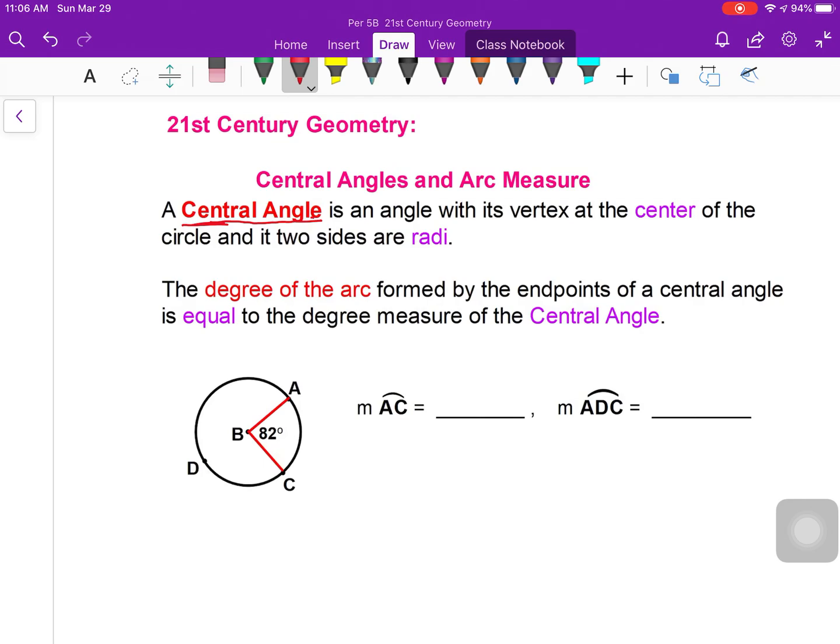Once again, a central angle is an angle that has its vertex at the center of the circle, and the sides will be radii. Now, the degree of an arc is equal to the degree of its central angle. So if I'm looking for this arc out here, A to C, that's going to be 82 degrees.